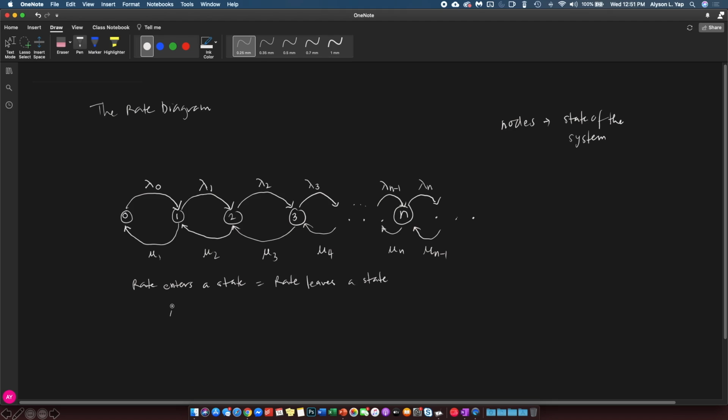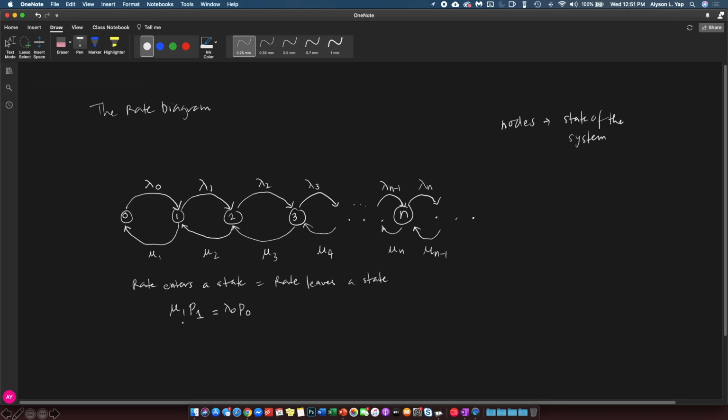So the rate is mu1. However, this rate only happens when there is one customer inside the system. And we equate this to the rate at which the system leaves a particular state. So for example, in this case, state 0. So the rate at which it leaves state 0 is lambda sub 0. But this rate only happens when there are 0 customers inside the system.